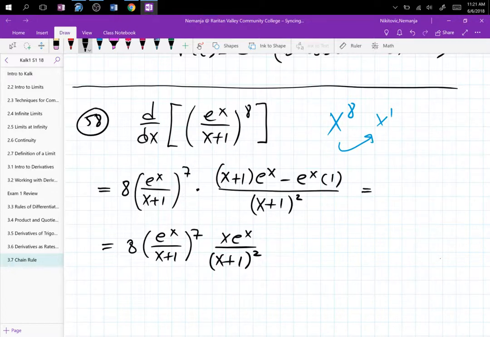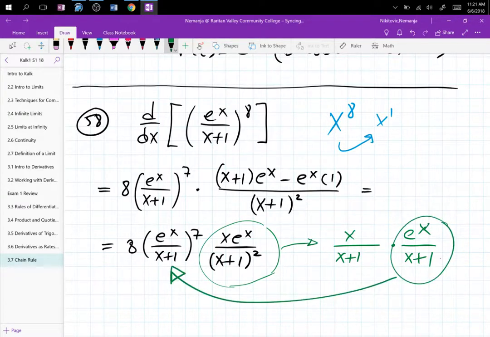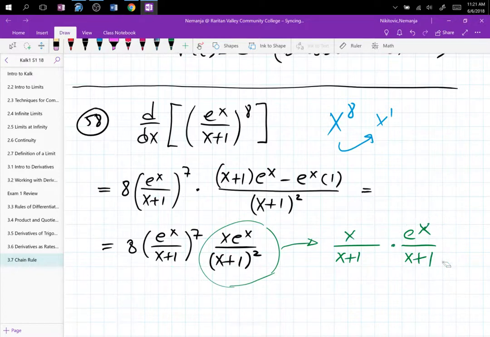Now what I'm going to do is some mathematical gymnastics to compress this. You see this fraction over here, right? This fraction can be broken up into x over x plus 1 times e to the x over x plus 1. And now this e to the x over x plus 1 is the same as this guy. So I'm going to put them together in the same power.